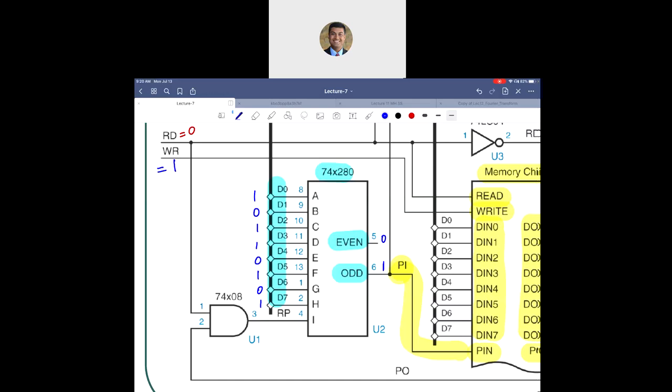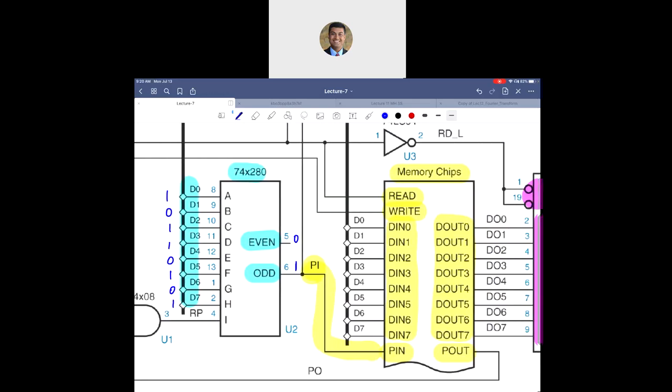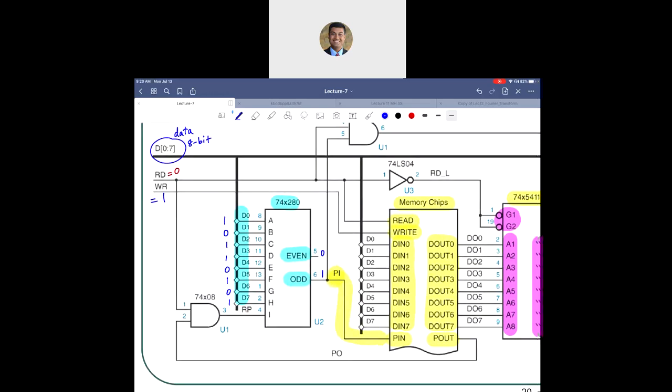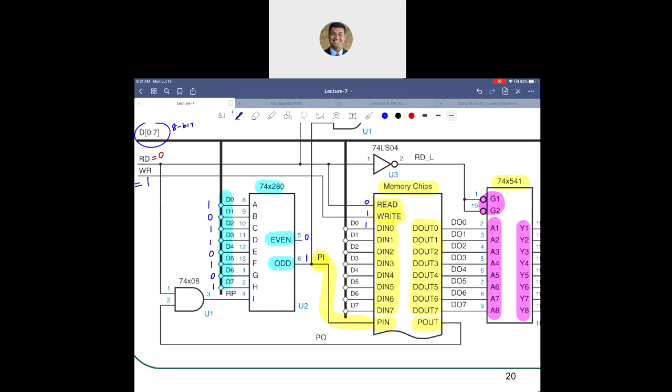Now let's move forward here. I'm trying to write, right? So that means this is 0, this is 1. I'm trying to write right now. These wires are connected here as well. And the data bus is also connected here, which means the same data is available to the memory chip, which is 1 0 1 1 0 1 0 1.